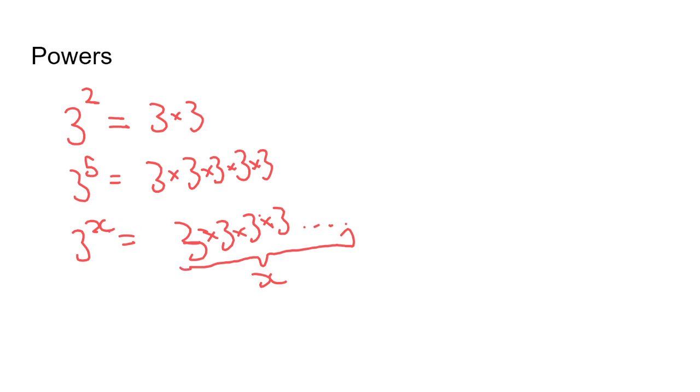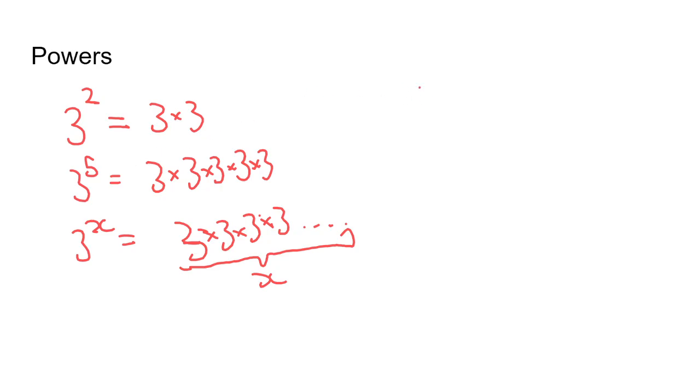If x is a natural number. x can be negative in indices, but we don't have to learn that for now. For this topic, it comes later in higher topics, in indices, where we learn about negative and fractional powers. But for now, this is basically it.